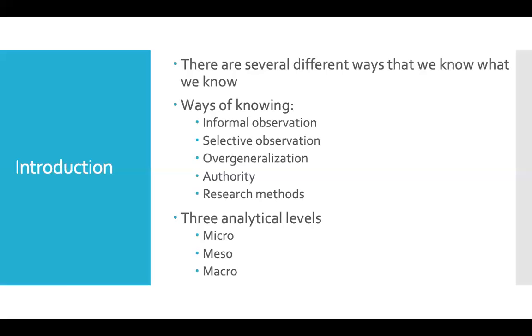Ways of knowing also come from authority, which informs us about different things. And then we can get to know by applying different research methods. That's also a way to get to know different things.